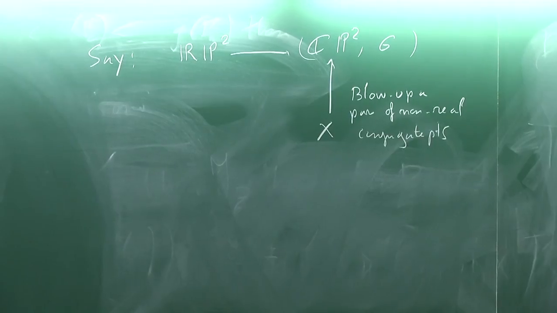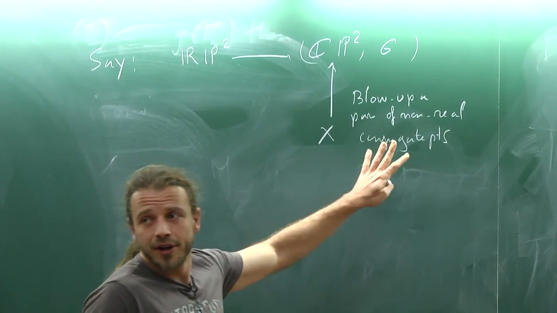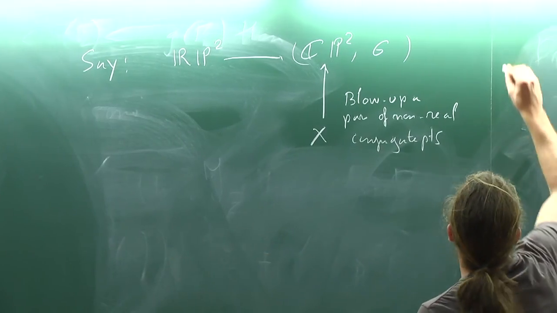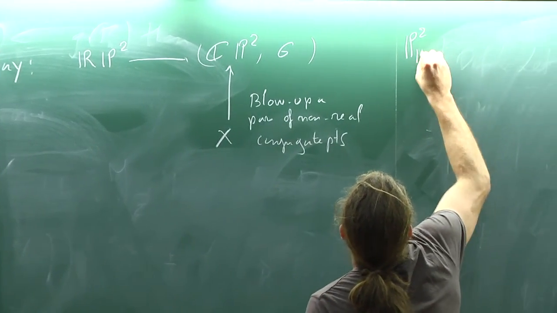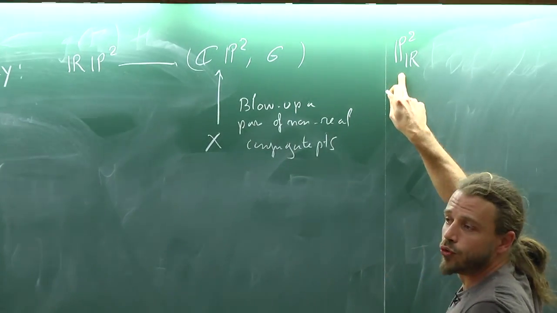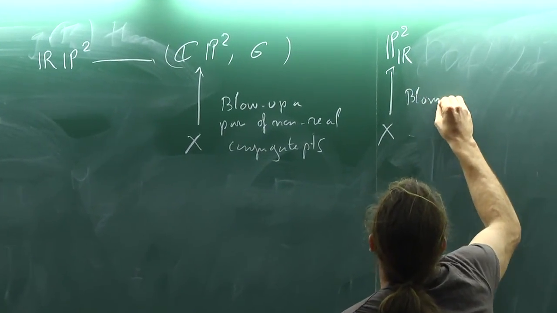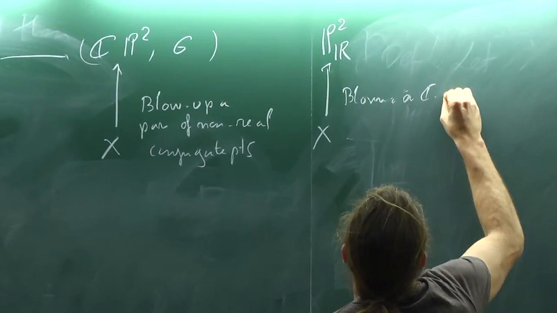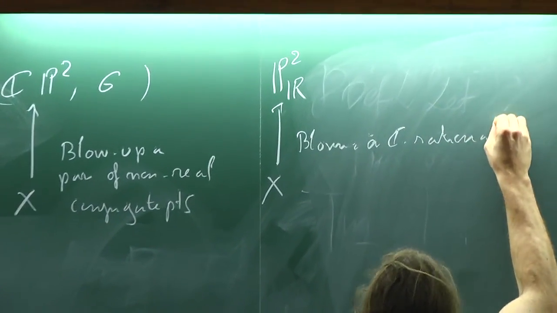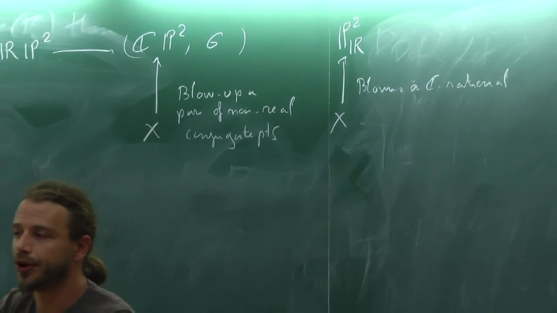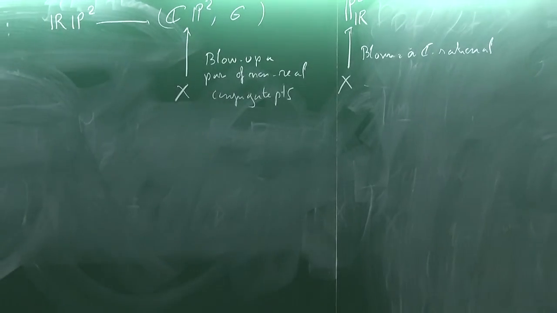So this guy is certainly a real algebraic variety, and if you prefer to view everything in the R scheme context, I just have P2 over R, and what I'm doing is blowing up a C-rational point. I'm not blowing up an R-rational point, but a C-rational point. So this corresponds here to blowing up a pair of complex conjugate points, which are not real.